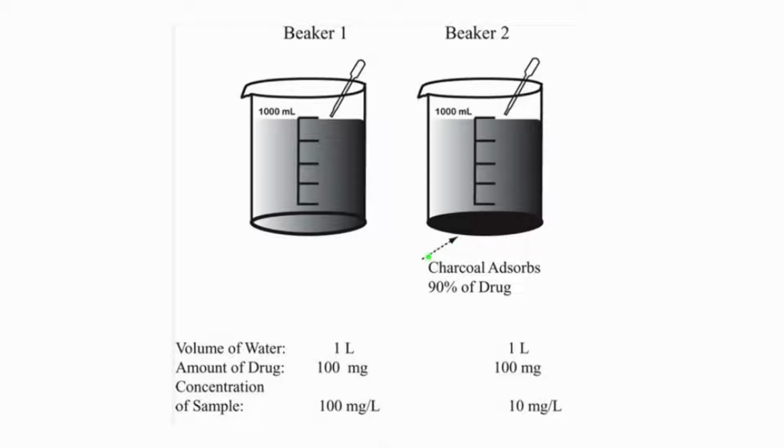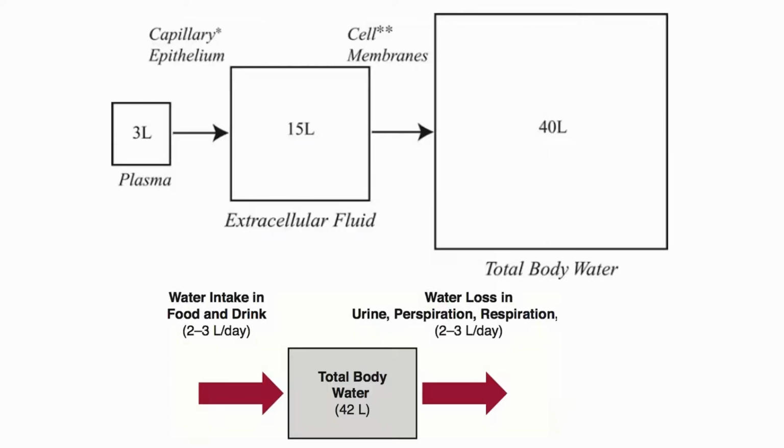But if I have a slightly more complex system, so I have charcoal that absorbs 90% of my drug, now I still have 100 milligrams, but the concentration of the sample is 10 times less. And this is the picture we have in the human body. When we inject our drug directly in blood, it does not stay in blood. It interacts with tissues, interacts with molecules in blood, so the picture is more complex.